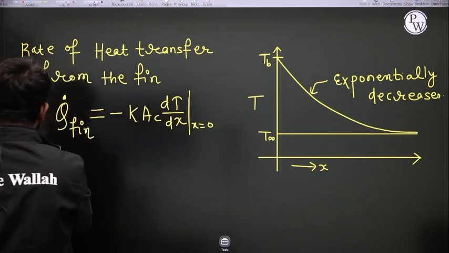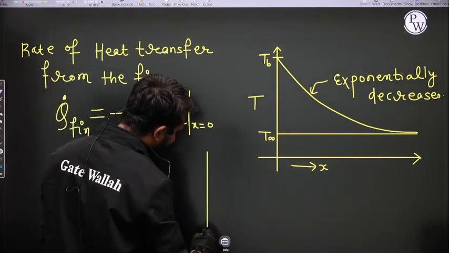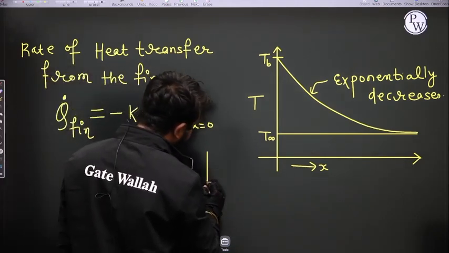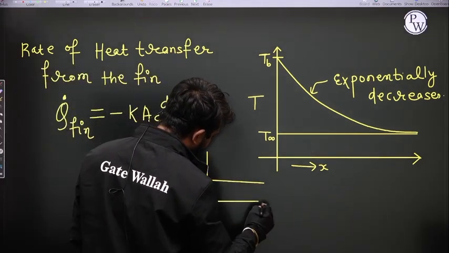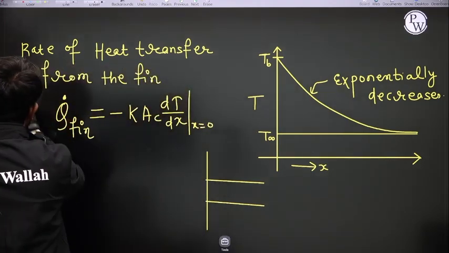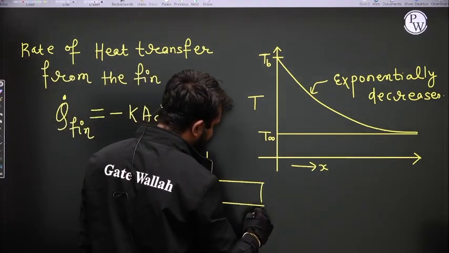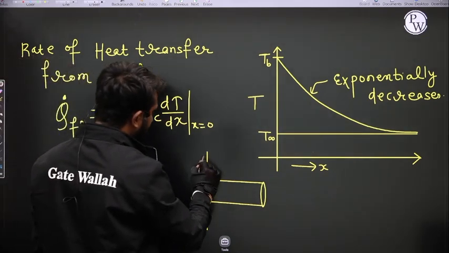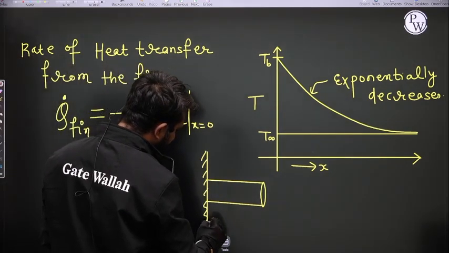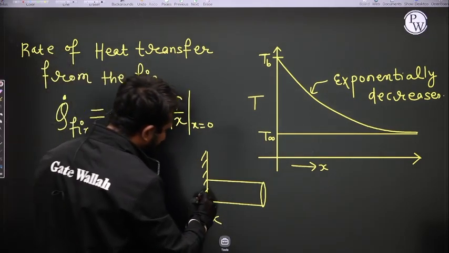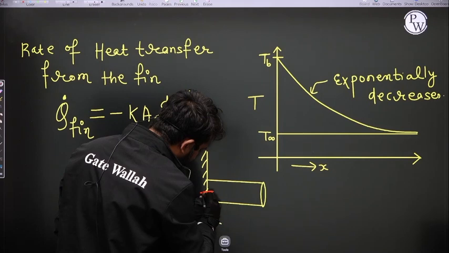Please try to understand this. If this is the wall, and the fin is attached to this wall, at x is equal to 0, what is the mode of heat transfer?